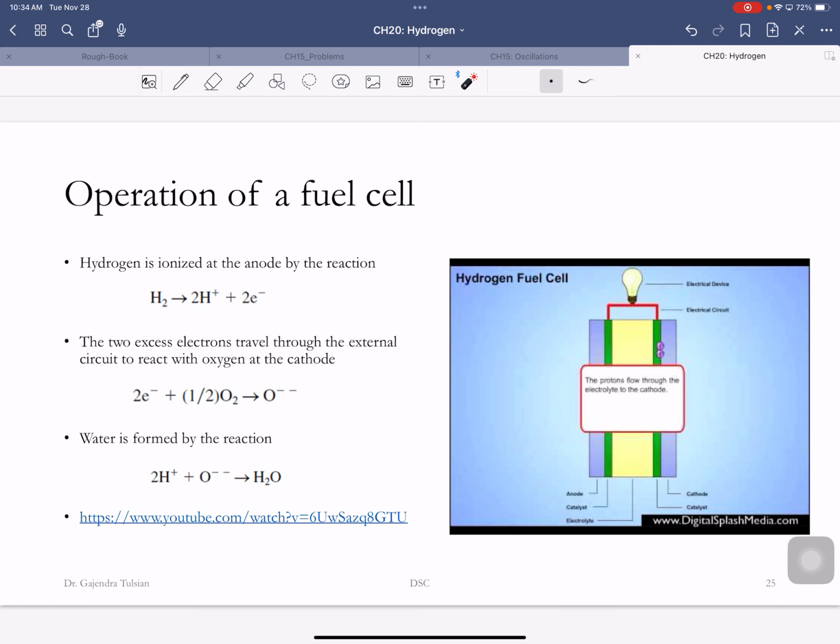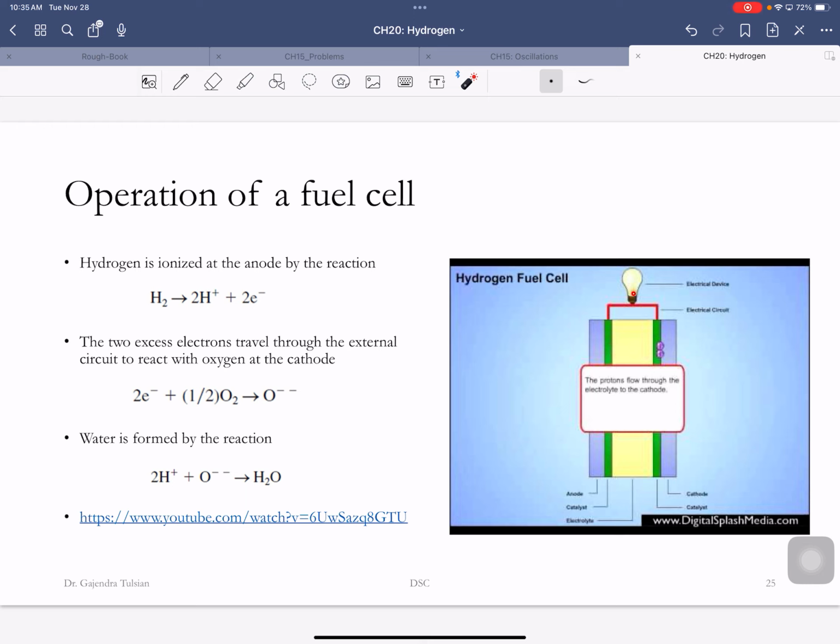So what you do is first separate the electrons from the hydrogen using a catalyst at the anode. The 2e excess electrons travel through the external circuit. So at the anode, the catalyst helps this process.